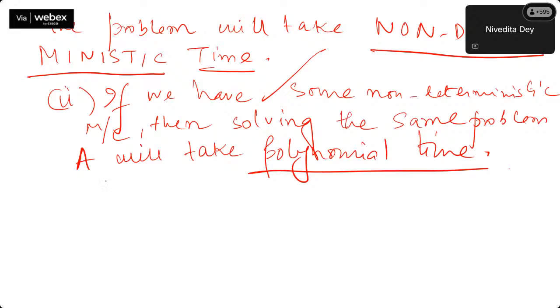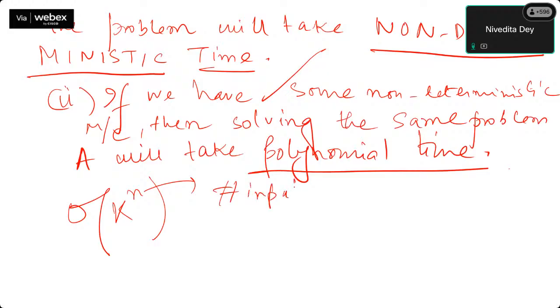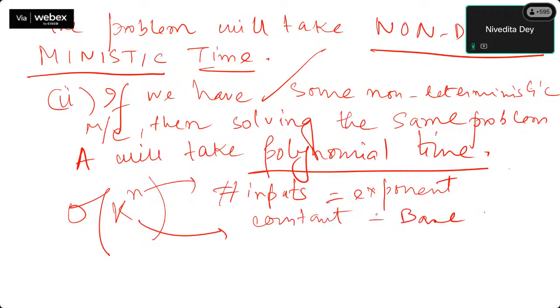So that means it will take something like order of k to the power n, where the number of inputs is in the exponent and the constant is in the base.